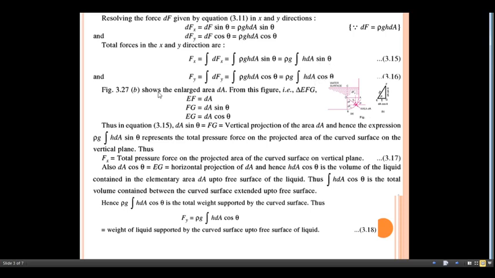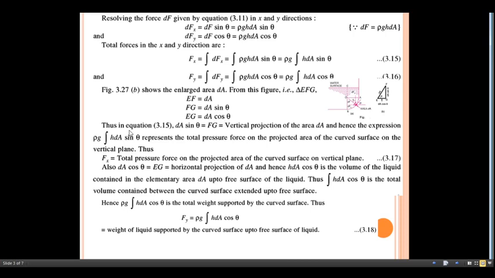Okay. Now if you just see the second diagram, this EF indicates the dF. So this EF is nothing but the dF, and FG is nothing but the dA into sine of theta. Similarly, this EG indicates the dA into cos of theta.